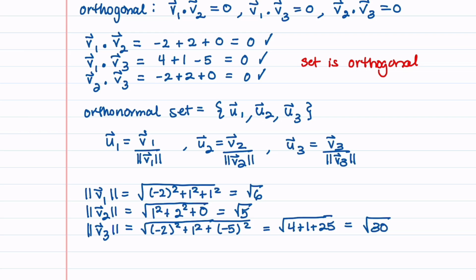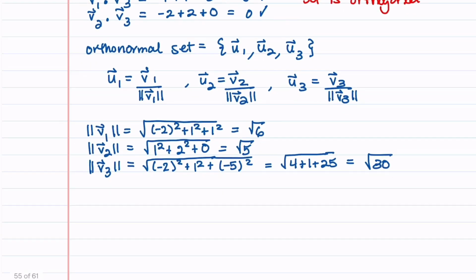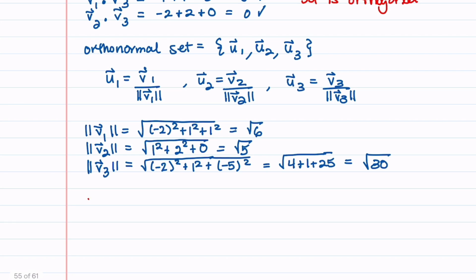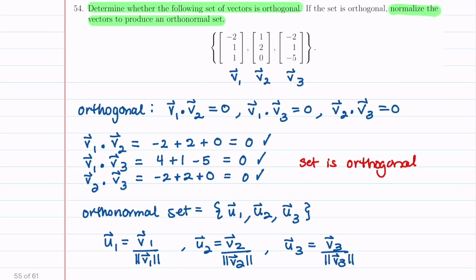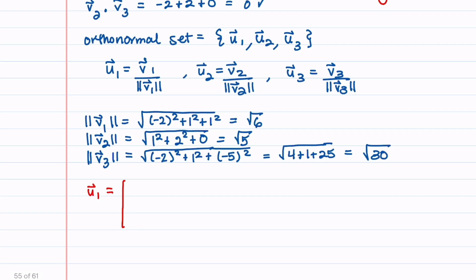Now let's go ahead and write down our vectors u1, u2, u3 that form our orthonormal set. Our u1 is just going to be our vector v1 divided by root 6. So we have a minus 2, 1, 1.